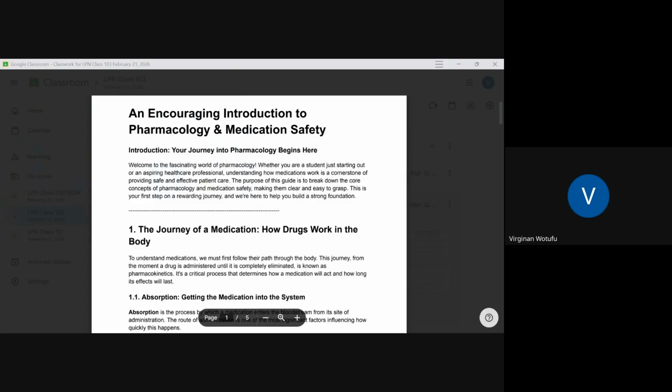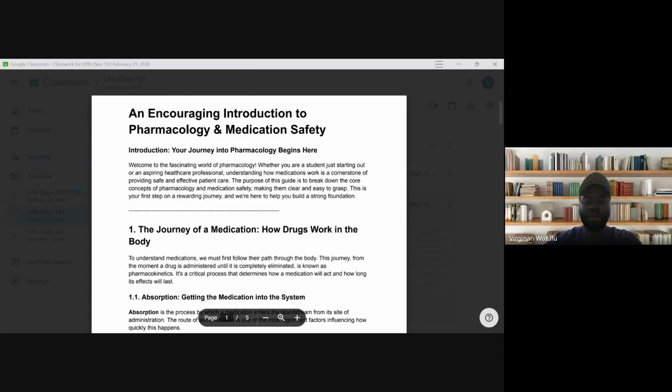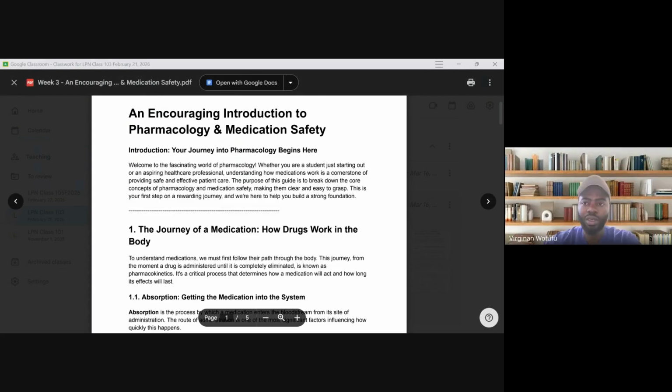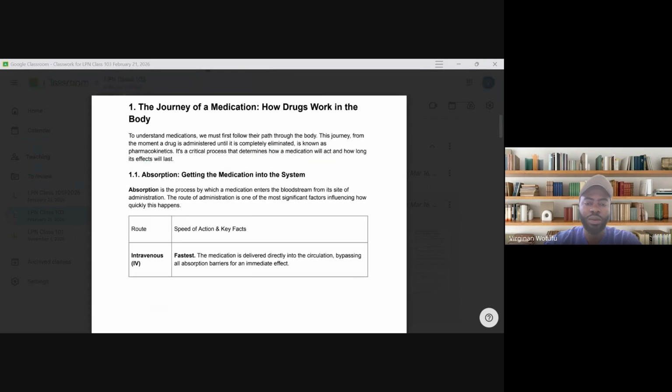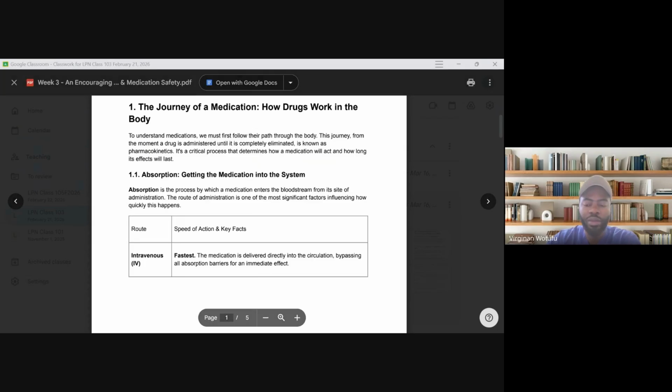So we're looking at pharmacokinetics, pharmacodynamics, all of that. And then we'll look at some high risk medications and monitoring as well. So with medication administration, we have to pay attention to the routes of administration.